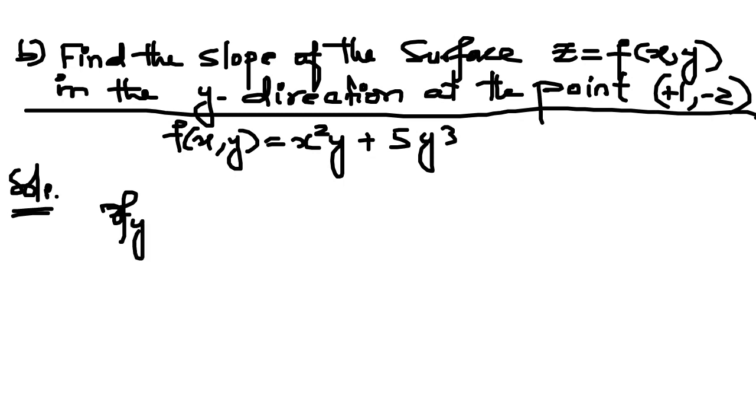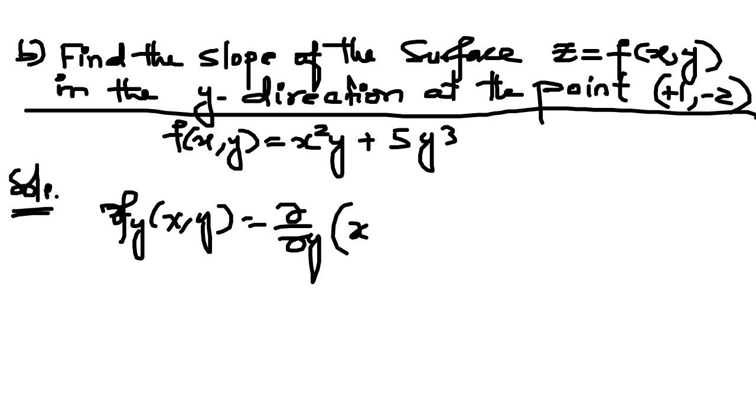So f sub y of xy is equal to partial by partial y of this function x square y plus 5y power 3. What is the partial derivative of x square y with respect to y?